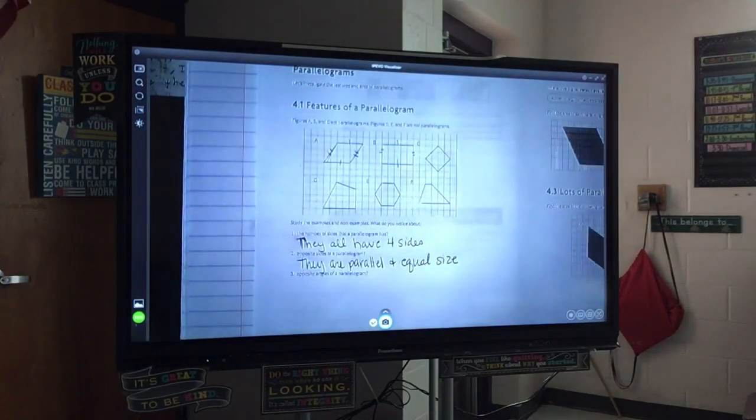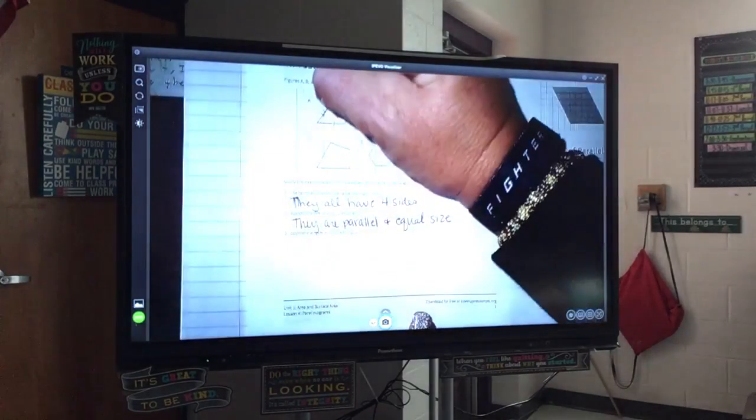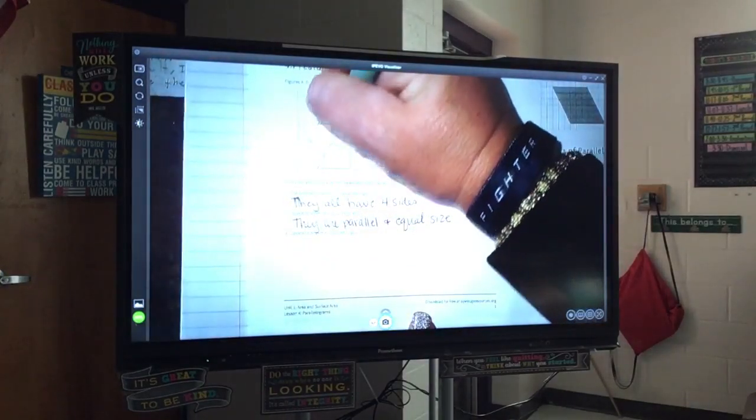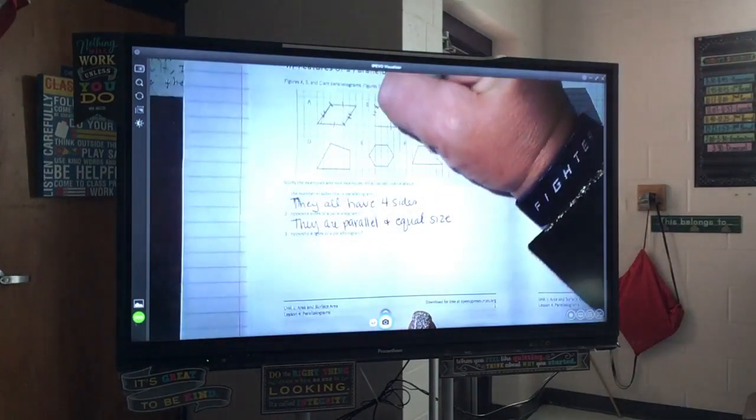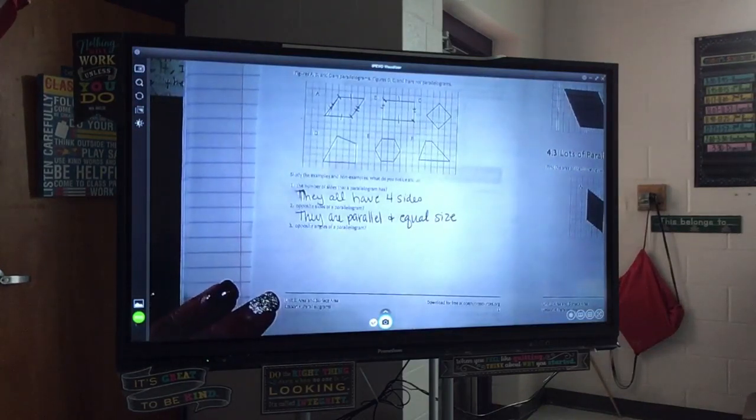And then the last one is opposite angles of a parallelogram. What do we notice about the opposite angles? So like this angle and this angle. This angle and this angle. What do we notice about them? Cooper? You can make sort of like a shape when you connect the angles. I made lines through it, and I can't really explain it.